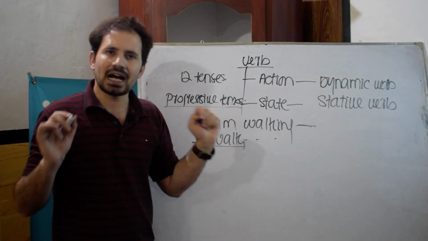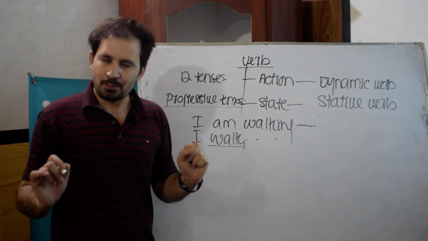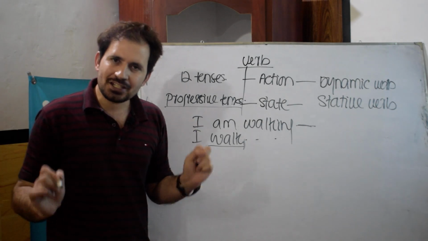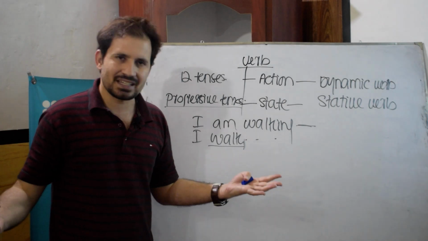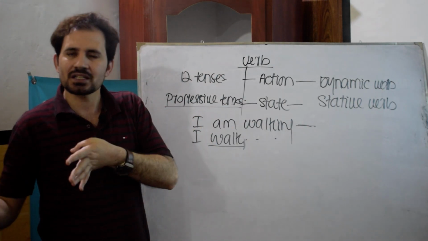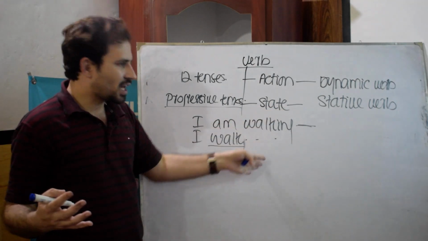In both tenses I have used the word walk, because walk is called an action verb, so we can use it in all tenses. I will walk, I will be walking, I have walked.